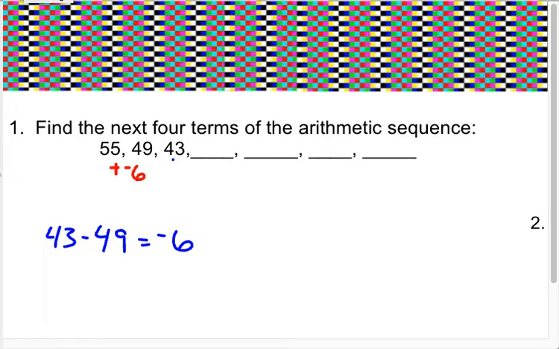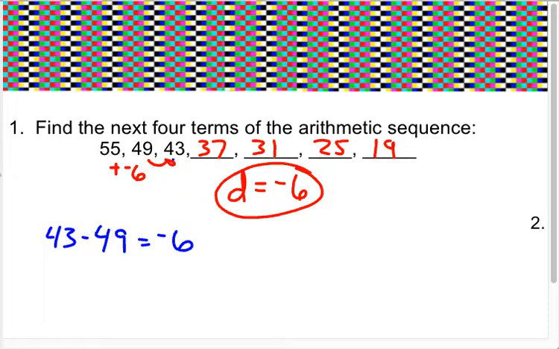Well, it's 49. 49 plus -6 is 43. 43 plus -6 is 37. So basically you're adding a -6 or subtracting 6 every time. So we get 31, 25, and 19. So once again, my common difference here, d, would be -6.